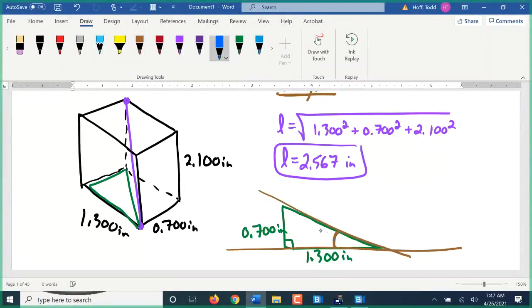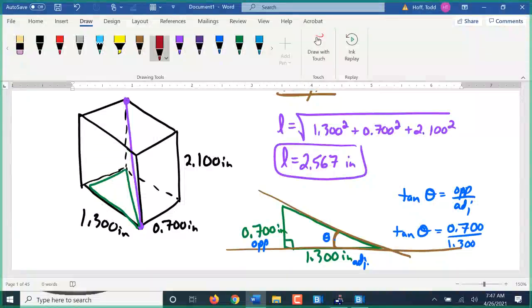Now from that angle, if that's the angle I'm looking for, the 0.7 is which side? Opposite. The 1.3 is adjacent. What trig function uses opposite and adjacent? Tangent. Tangent of an angle is opposite over adjacent. Well, here we are looking for the angle. You know the opposite side is 0.7, the adjacent side is 1.3.